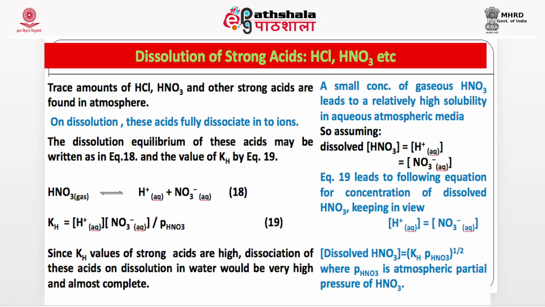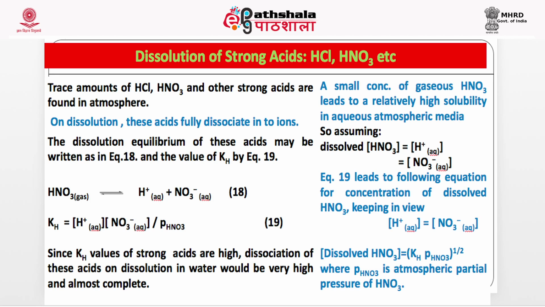For example, HNO3 will dissolve in water to form hydrogen ions and nitrate ions. If we apply Henry's law to it, we get KH equals this into this divided by the partial pressure of HNO3. KH is very high, the dissociation of these acids and dissolution is complete.